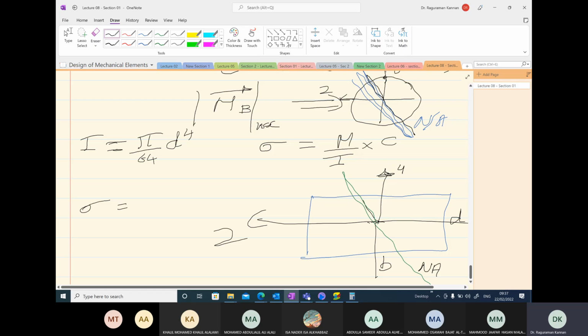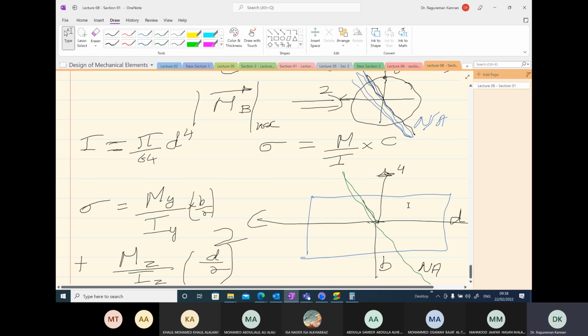Sigma can be written by splitting it with respect to the y and z axes. M y, the moment about the y-axis, calculated with respect to the y-axis, and then I multiply by b over 2, plus another term, M z over I z times d over 2. So this is the formula I'm going to use in the case of a rectangular cross section.